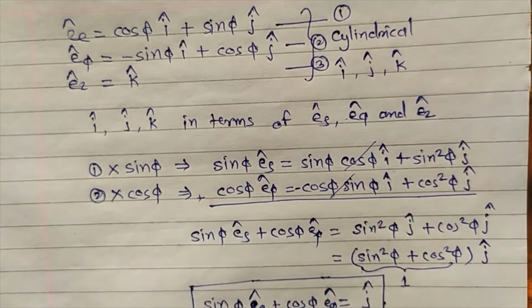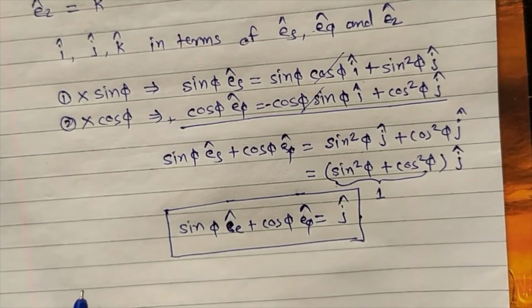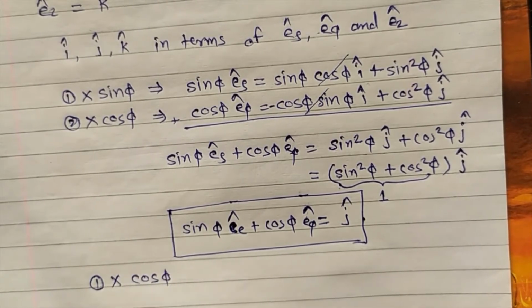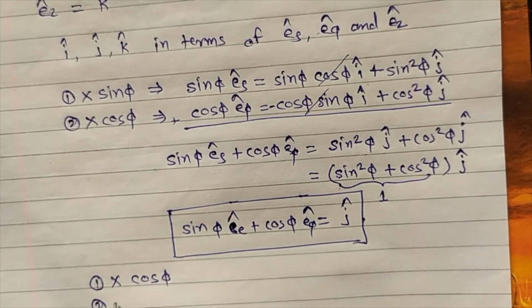So we will do it here. Again, I will multiply equation 1 by cos of phi and equation 2 by sin of phi.